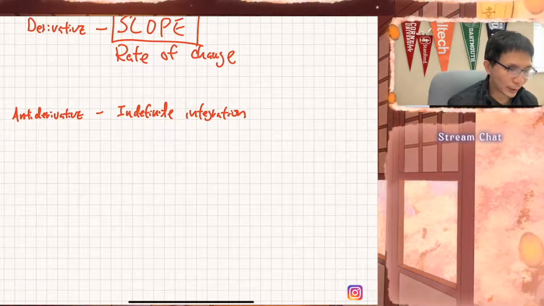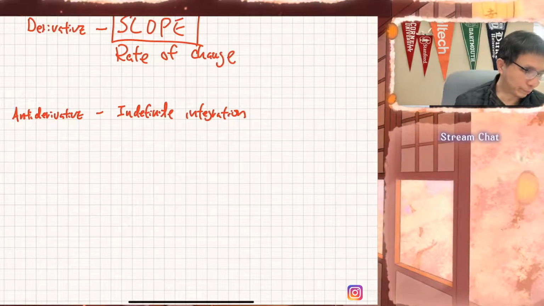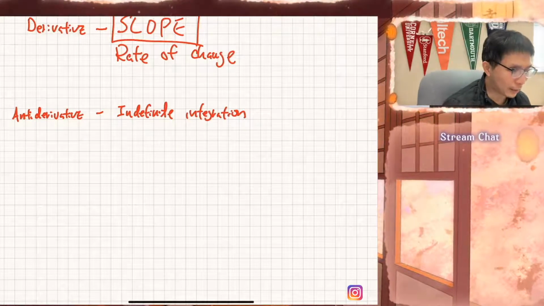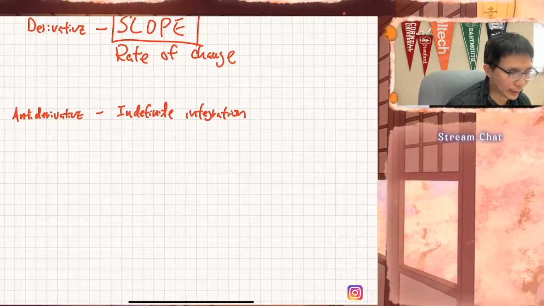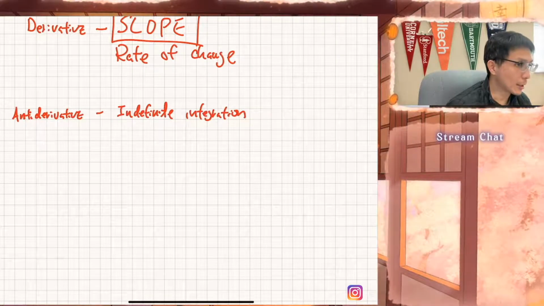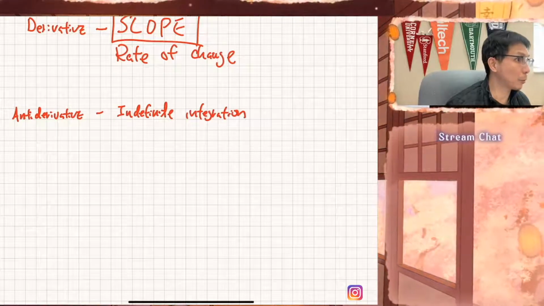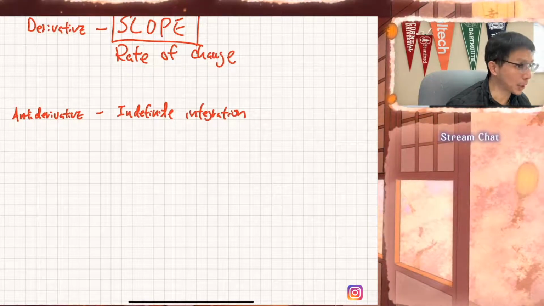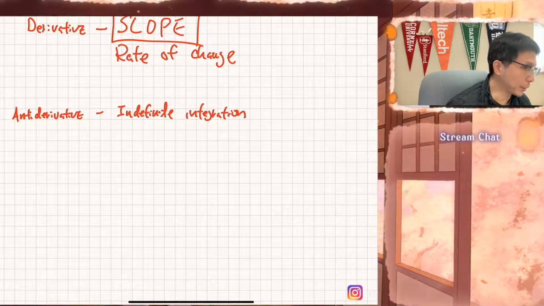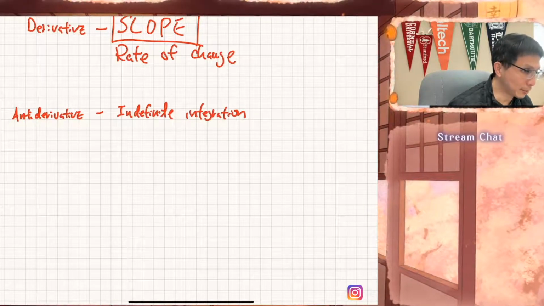A lot of time we don't say antiderivative. But the idea of indefinite integration is to find out what is the original function, which we call the general solution. We're going to talk in a second about what the general solution is.